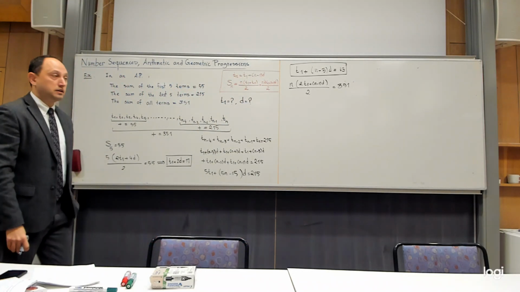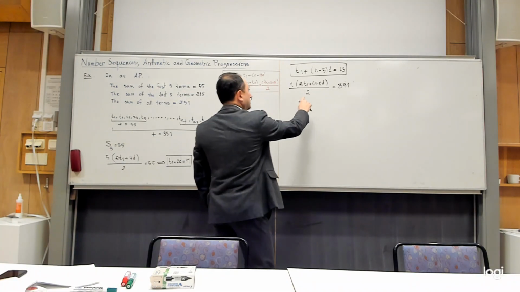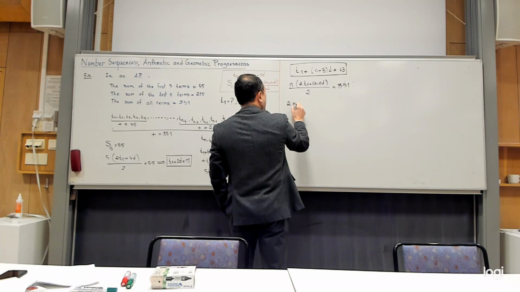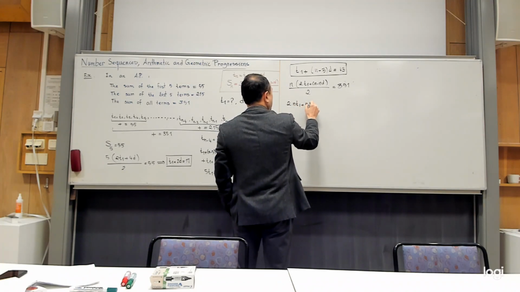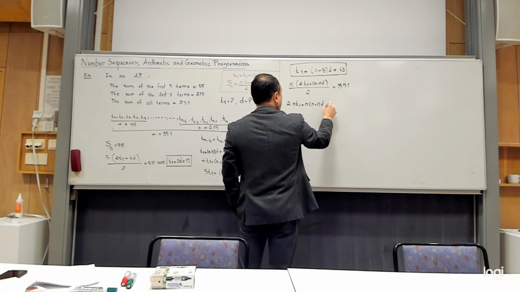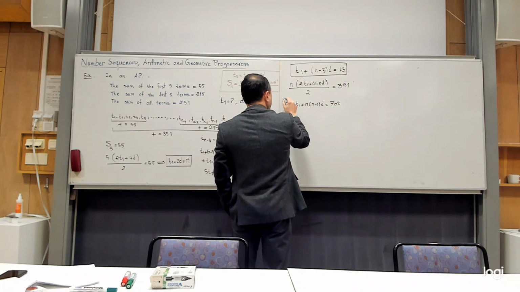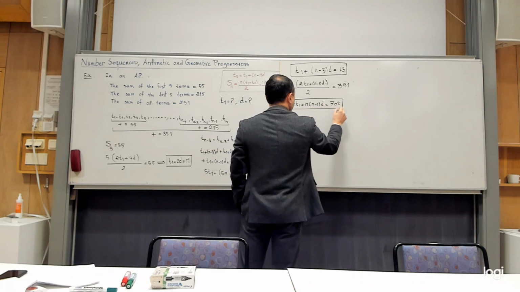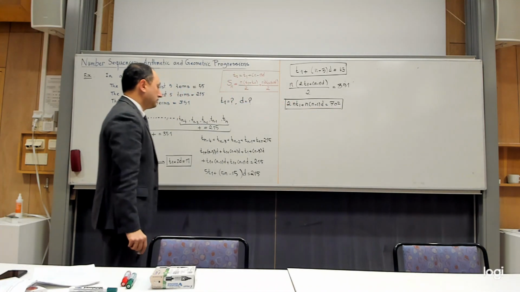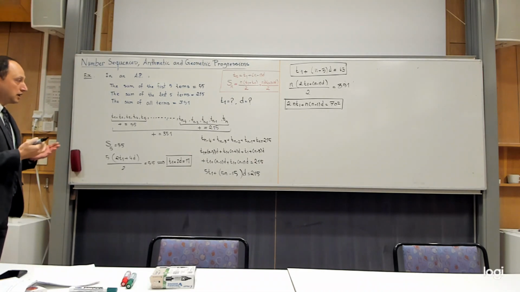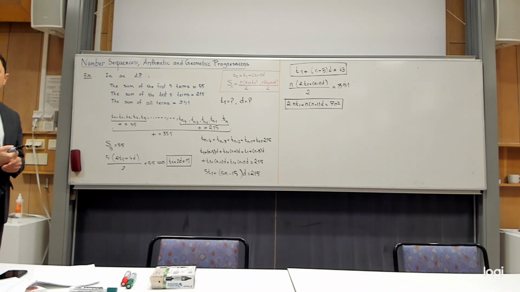Yes? And then what happens if I multiply this by 2, so this becomes nT1 plus n minus 1d. If I multiply that, it becomes 702. So in principle, how many equations do I see on the board? I have 3 equations, but I have exactly 3 unknowns.